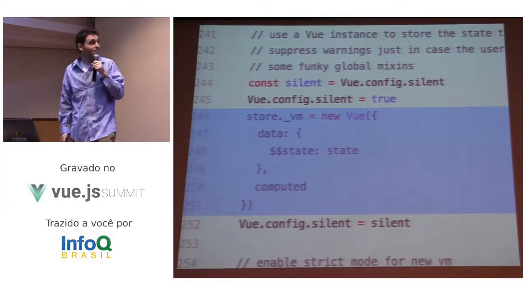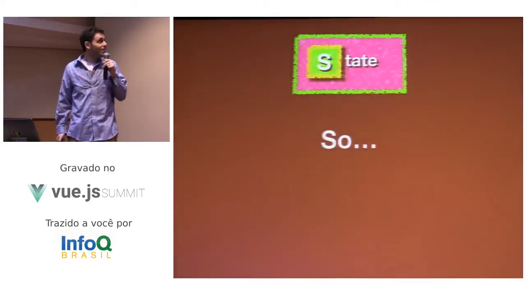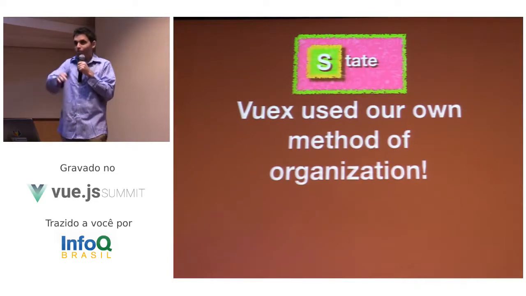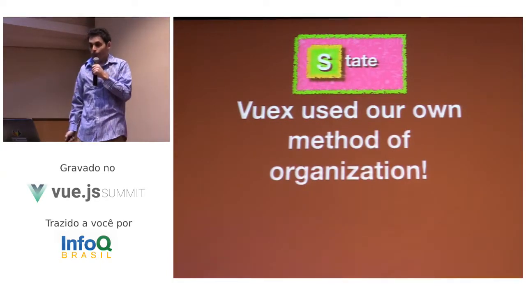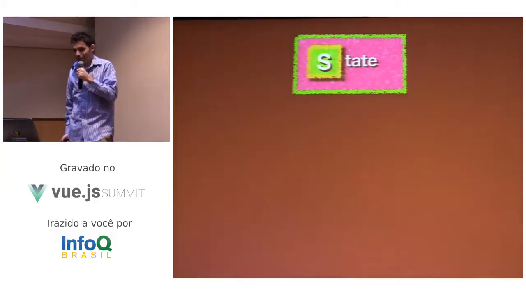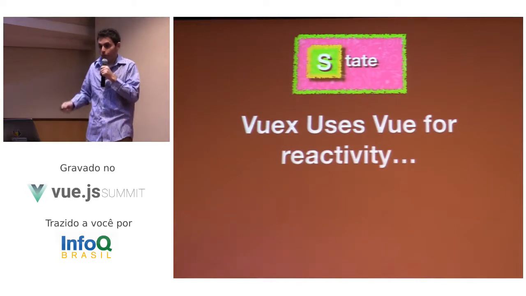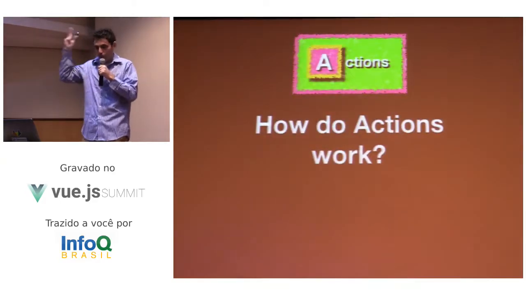And it's really simple too. It's kind of cool. So vuex used the original method that we were talking about in the beginning to organize the code. vuex uses Vue for reactivity, which is kind of mind-blowing.